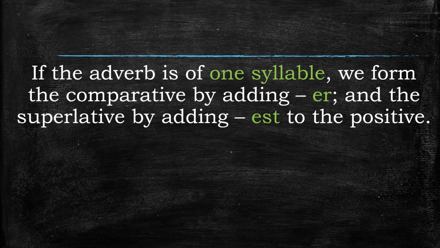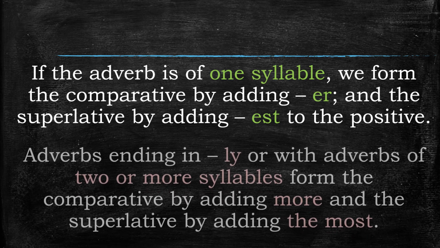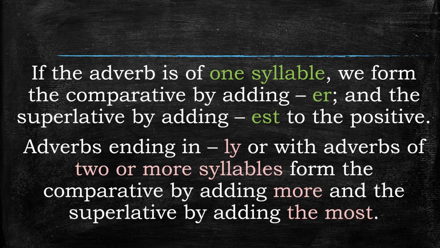If the adverb is of one syllable, we form the comparative by adding er and the superlative by adding est to the positive. Adverbs ending in ly or adverbs of two or more syllables form the comparative by adding more and the superlative by adding the most.